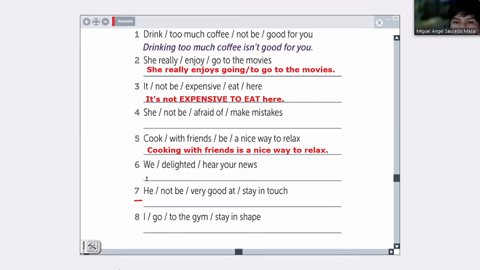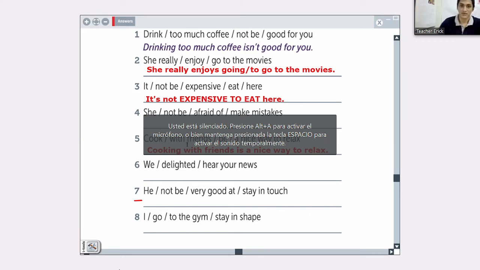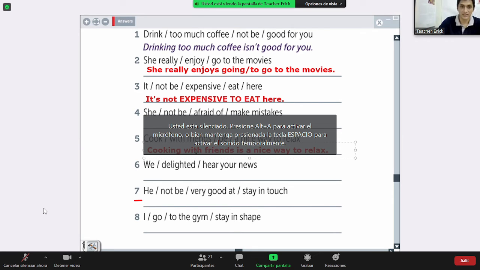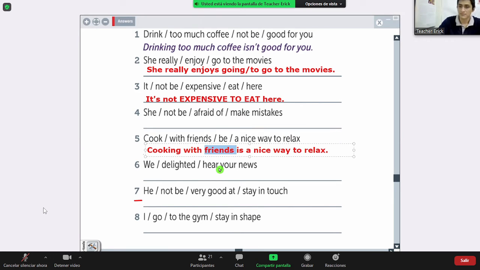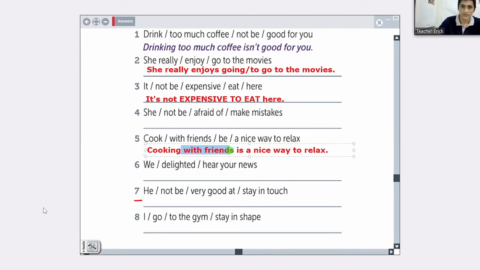Entonces, teacher, ¿es necesario poner un object pronoun? Object pronoun. ¿En cuál? En its. No hay object pronoun here. ¿De qué? Aquí en friends. Sí, porque habla de eso, ¿no? Ok, with my friends. Es depende de uno, ¿ya?